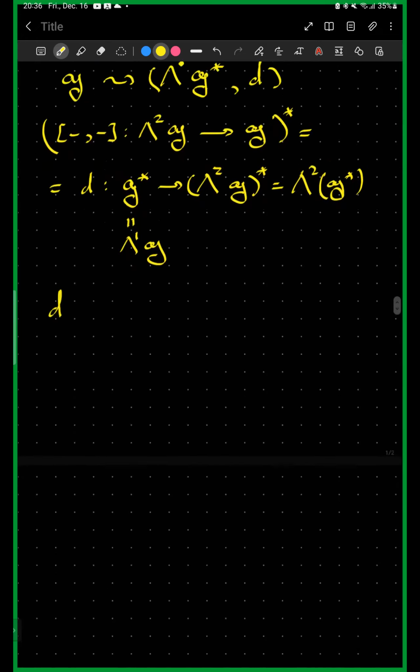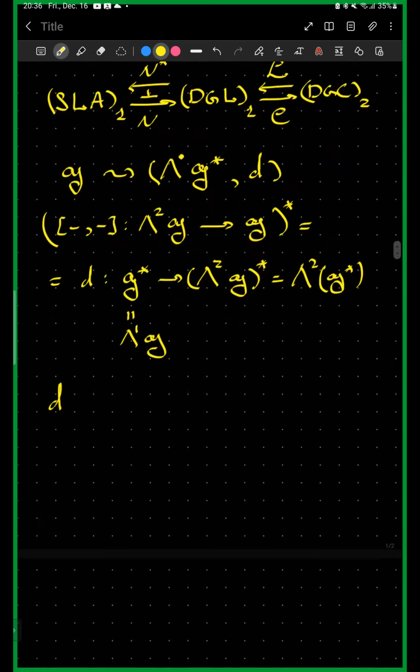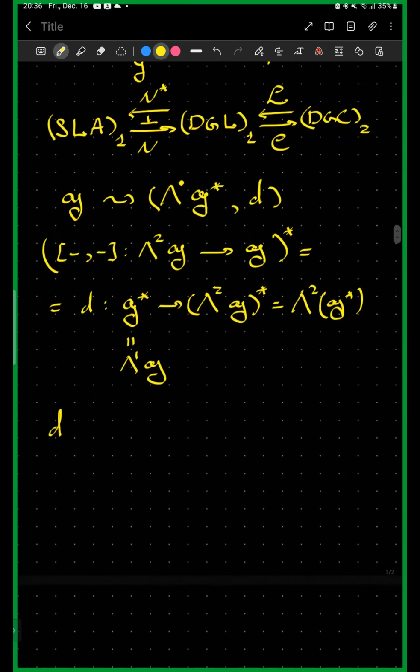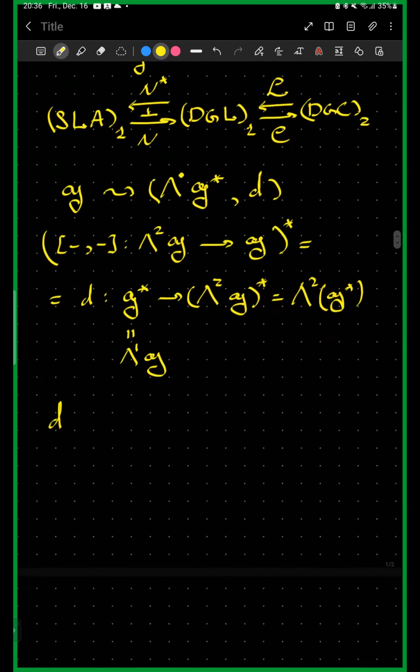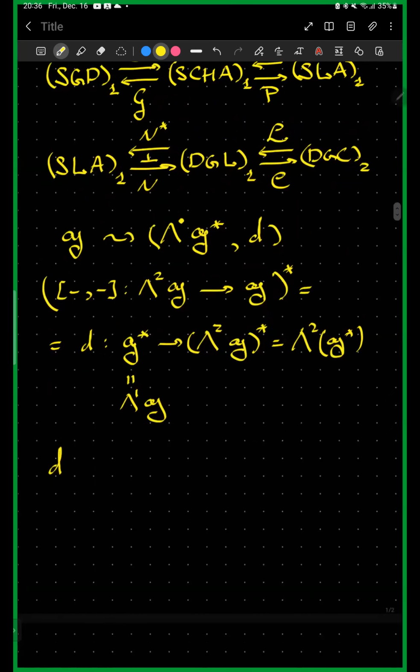So d is thus dual to the Lie bracket, and it defines a differential on this complex.